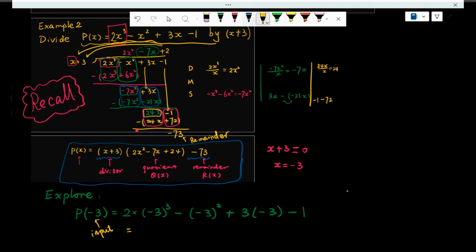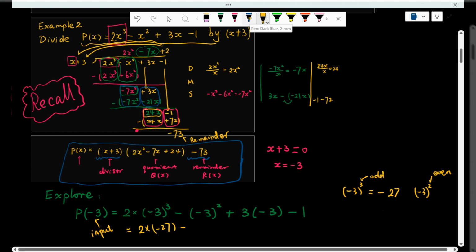Negative 3 to the power 3. This one is an odd power, therefore the result is still negative. It is negative 27. So 2 times negative 27. And then negative 3 squared. The square is an even power, so if the index is even, then the result is positive.